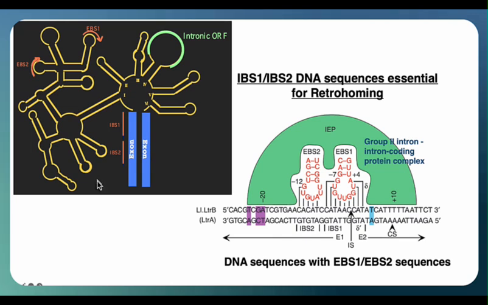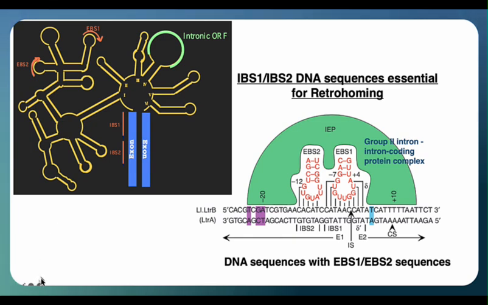This is an immature messenger RNA containing a Group II intron. In the upstream exon region, there is an RNA sequence where IBS1 and IBS2 are connected. In the intron part, there is EBS1, which has a sequence complementary to IBS1, and EBS2, which has a sequence complementary to IBS2.